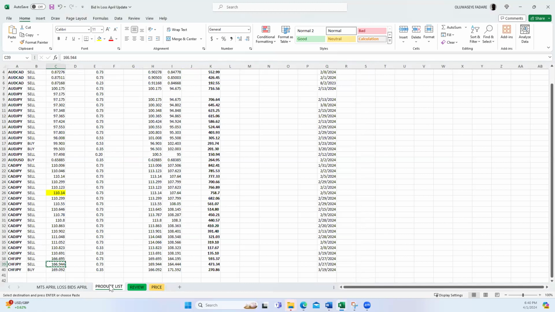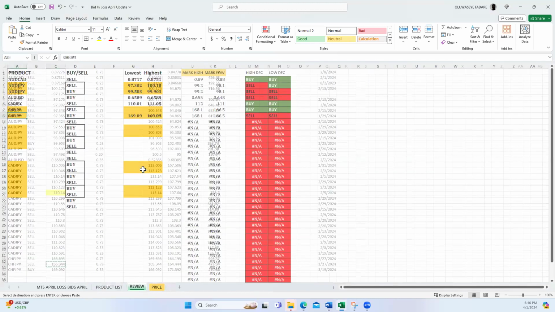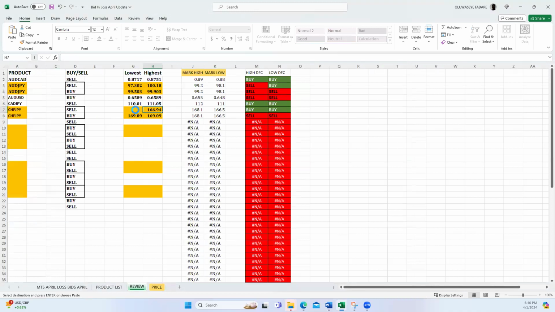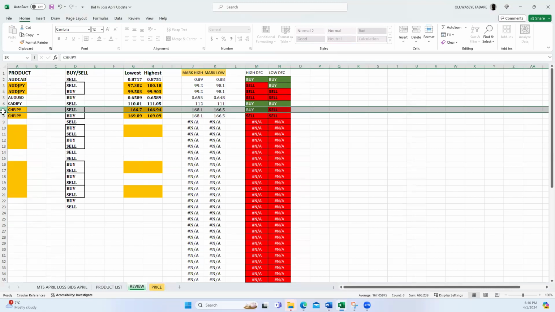The lowest is 166.695. Yeah, so you can see, like I explained earlier, according to this CHF JPY, it's on a sell trend.